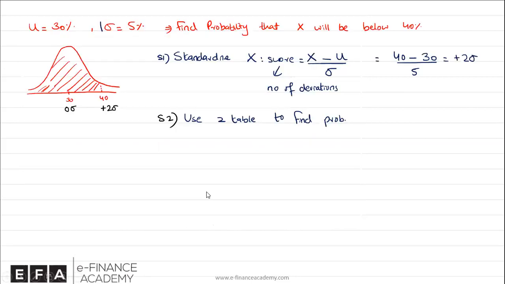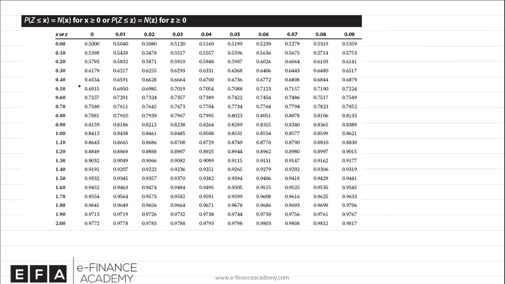But if we go back, the score that we got was 2 deviations. So this is equivalent to 2, and we need to look for 2.0. And 2.0 is right here. That means 97.72% of your data falls below 2 deviations.